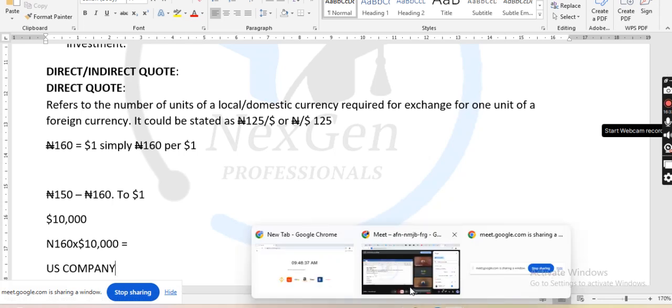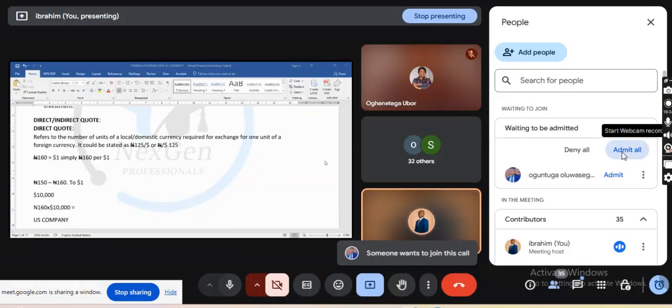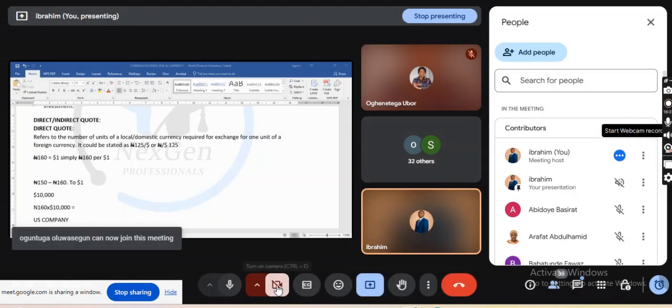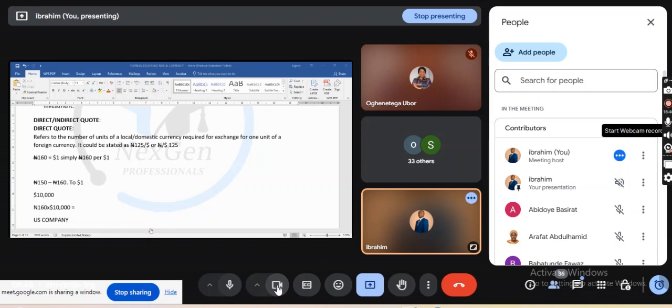Class, this is one of the problems when converting in international investment, or when you are translating in line with IAS 21 under foreign exchange, or under group accounts, where you have to translate the subsidiary figure to the home base currency of the parent.